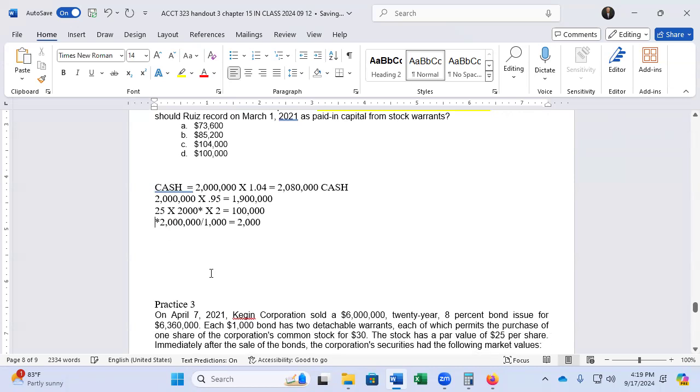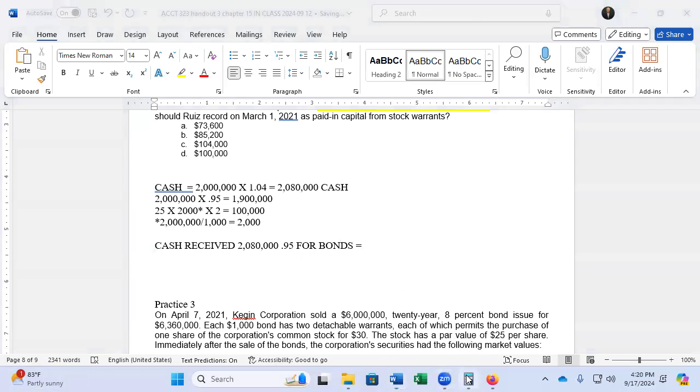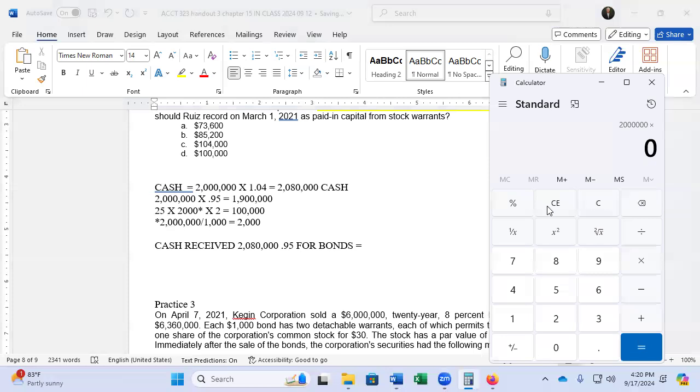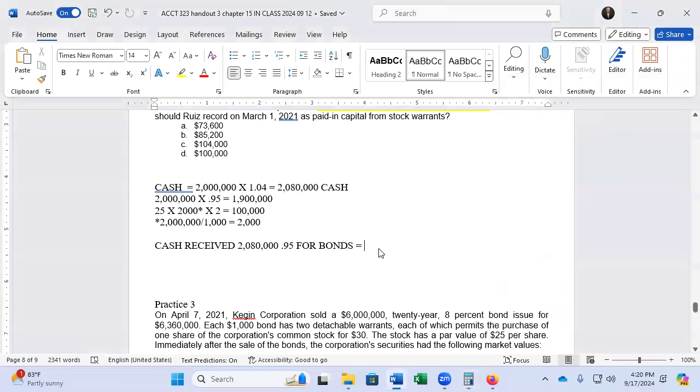So cash received was 2,080,000. Times 0.95 for bonds, I get 1,976,000.